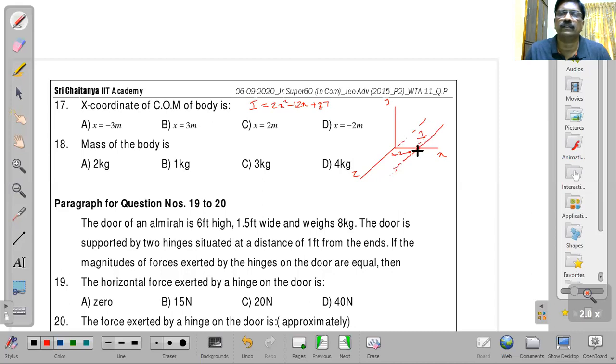So this is the point which is at a distance x from the origin. About this axis, the moment of inertia is given as this one. Now the coordinates of this point are (x, 0, 0). That means this axis passes through the x-axis at a distance x. X coordinate of the center of mass of the body means, here you see, about this axis, x coordinate of the center of mass.